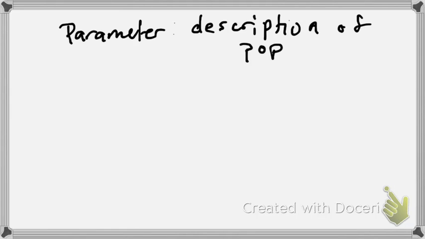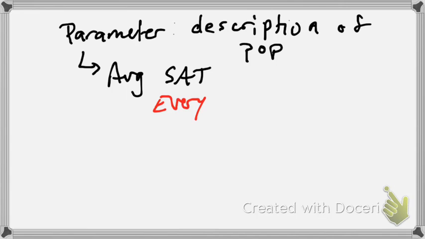If I talk about an average SAT score, an average SAT is a parameter because we are talking about every single junior that took the SAT. We're not breaking it down into Frankenmuth kids, we're not breaking it down into something little. We are saying every single junior took this. So that is a parameter because we're talking about an average for the entire population.